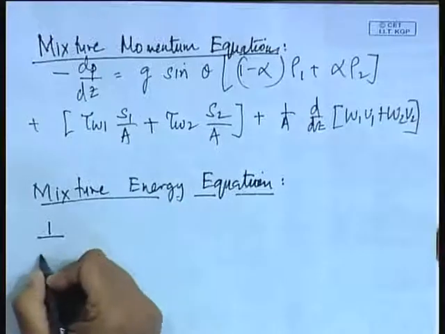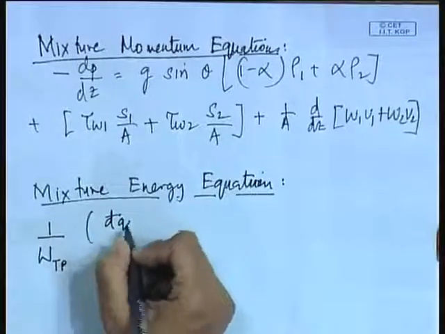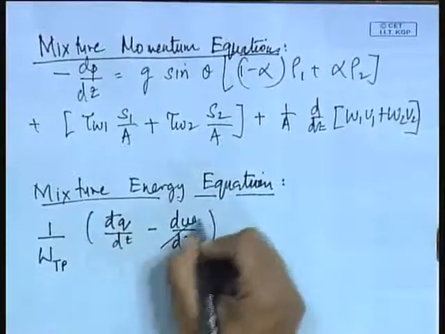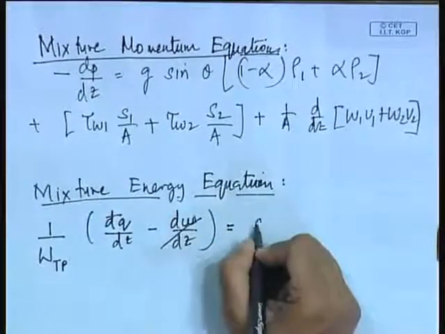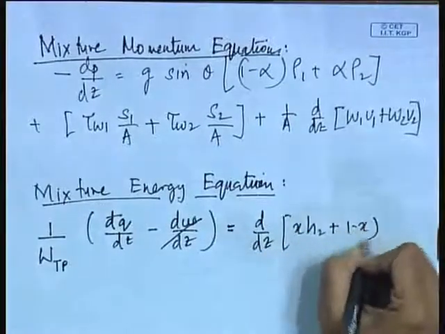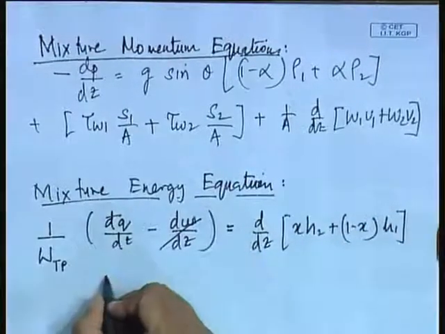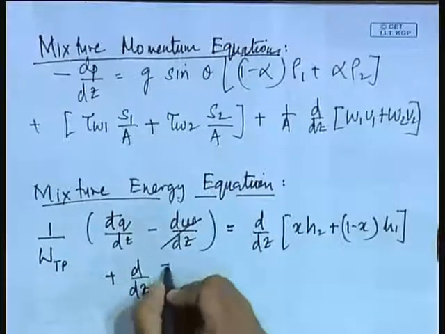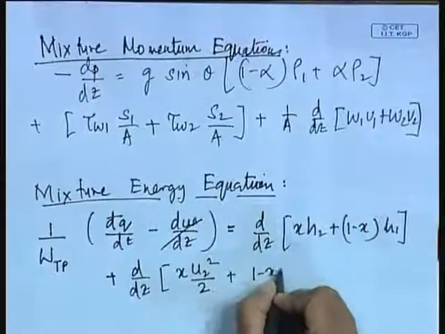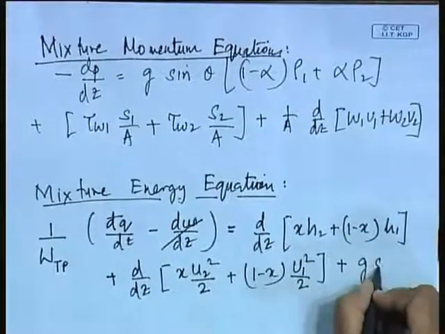For unit mass of the fluid, 1 by W T P, it will be something like dq, the heat flux, dz, minus dw, the work done, which is usually equal to 0, and this is equal to d/dz of x h 2 plus 1 minus x h 1, or in other words, the two phase enthalpy, plus the two phase kinetic energy for unit mass of the mixture, u 1 square by 2, plus g sin theta.